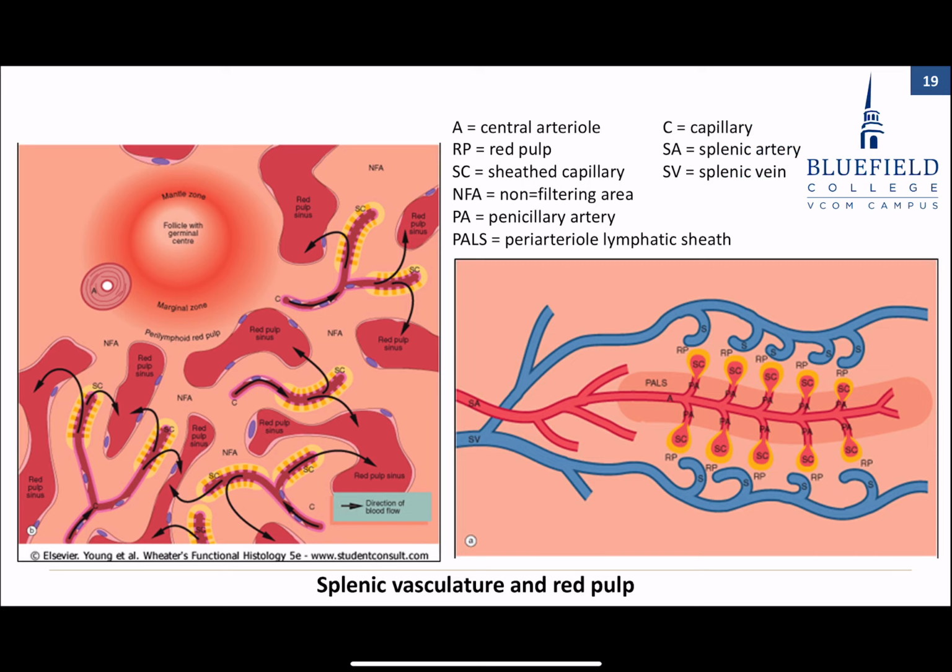And rather than having endothelial cell lined vessels for that blood to go through, it's going to be open circulation when you get out into the red pulp. And basically, it's going to be macrophages primarily that the blood is going to have to mingle through.